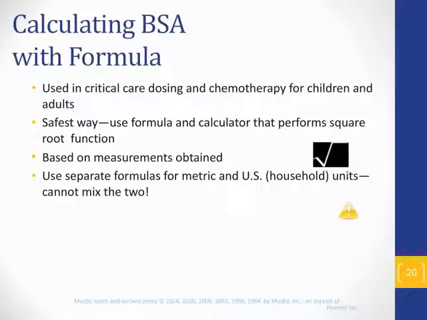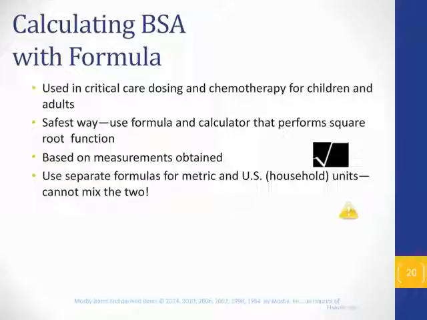And just to reiterate, calculating the BSA with a formula is used in critical care dosing and chemotherapy for children and adults. It is the safest way to use a formula and a calculator that has the square root key. Based on the measurements obtained, you can calculate your dosages for your patients' medications.